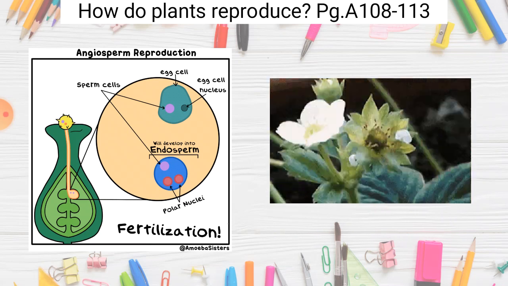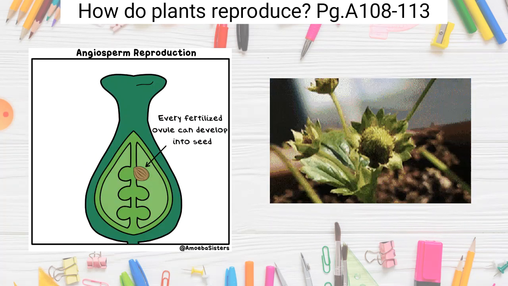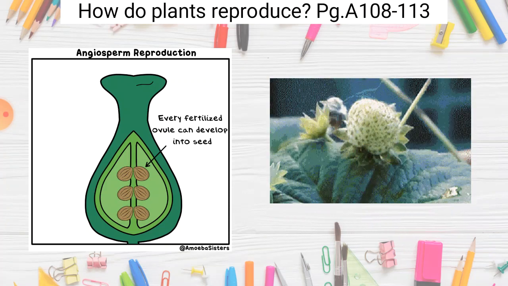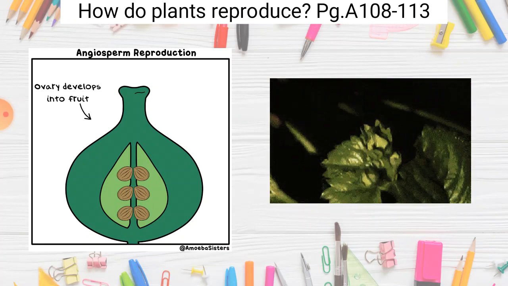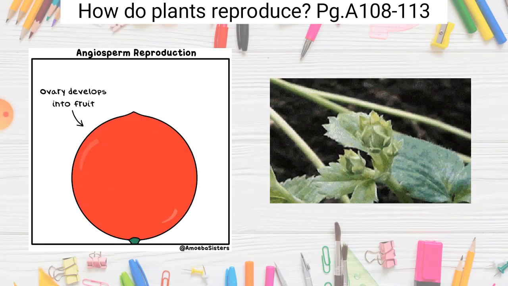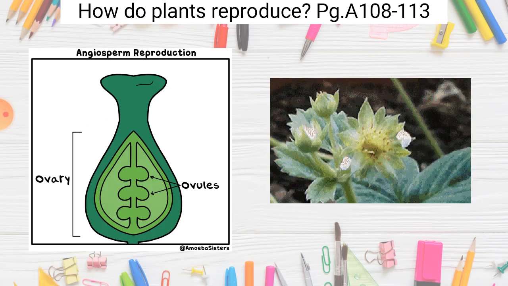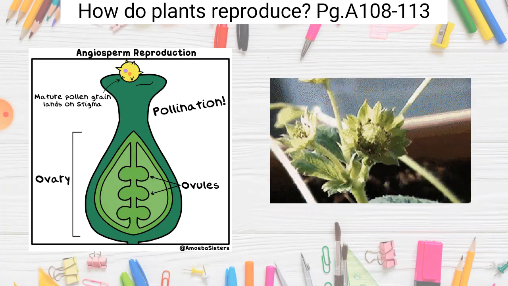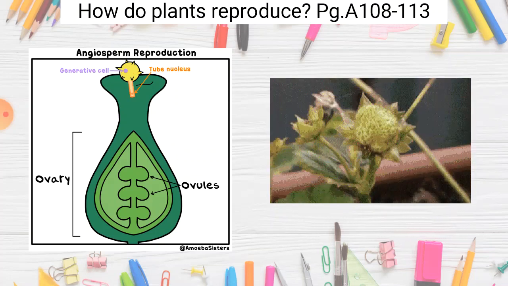These two cells fuse to make a new seed. On the right, you can see how the plant protects the seed, developing a fruit. This is to protect the seed from predators, or in some cases for something else.